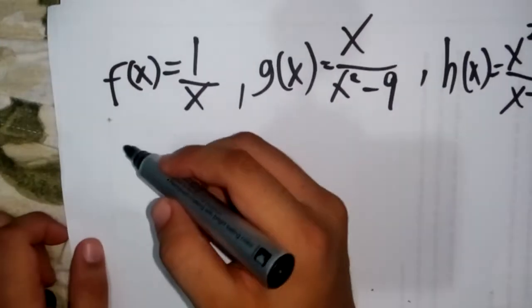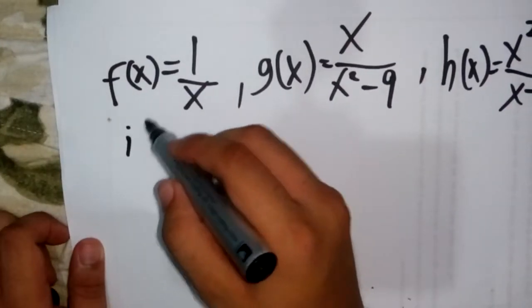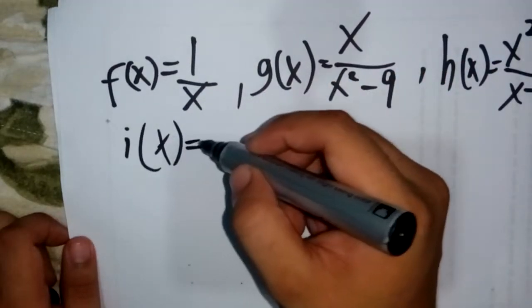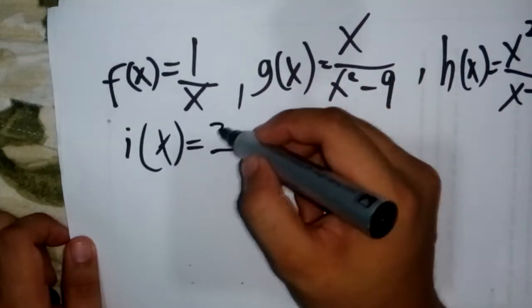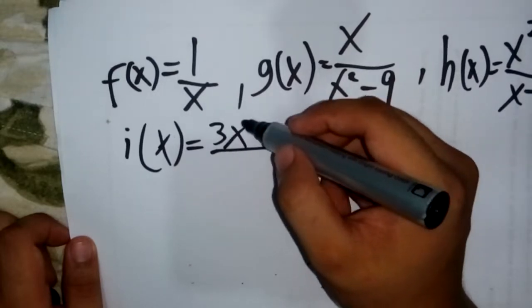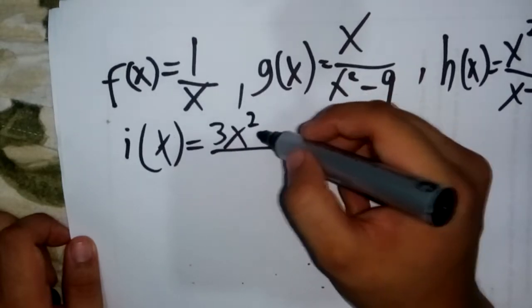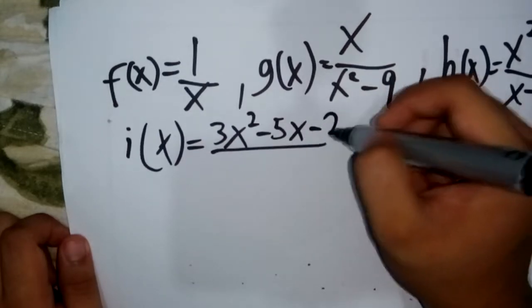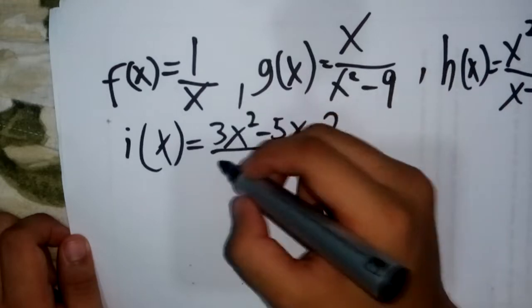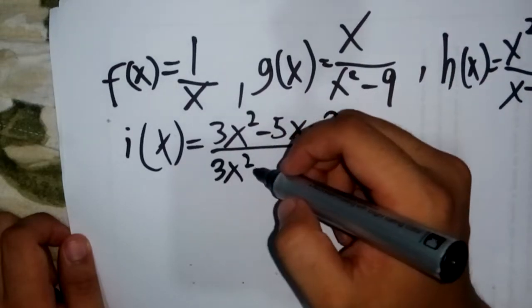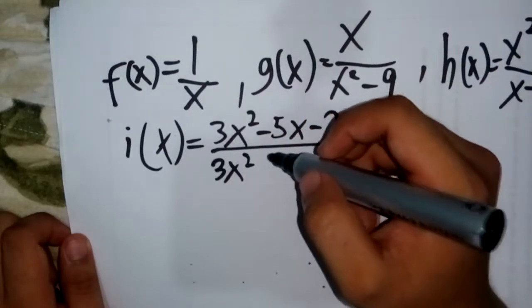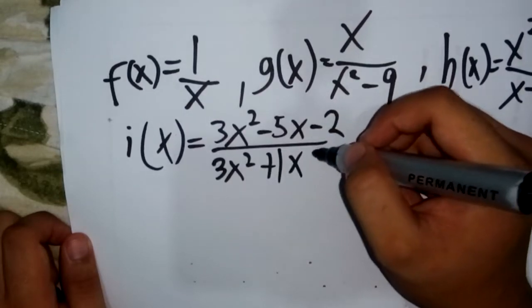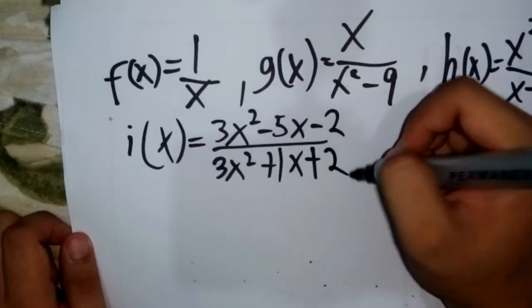And lastly, i of x, another example, equals 3x squared minus 5x minus 2 over 3x squared plus 1x plus 2.